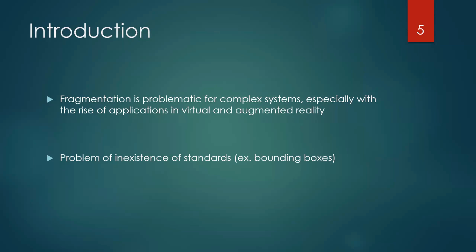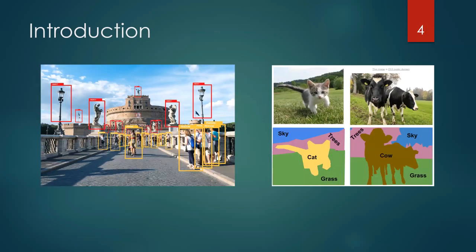For instance, in this previous image, we have bounding boxes. And if you think for yourself, how can you represent a bounding box? Well, you can pick the top left corner and the bottom right corner of the pixel positions of the bounding box, and you have a representation. Well, you can also use the top left corner and the height and width of the box, and you also have another representation.